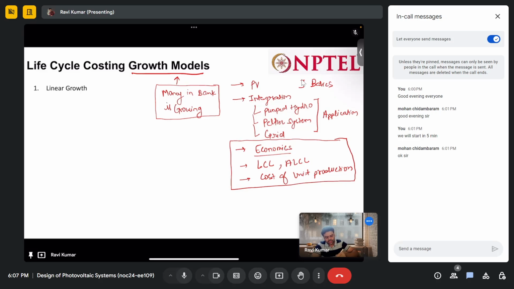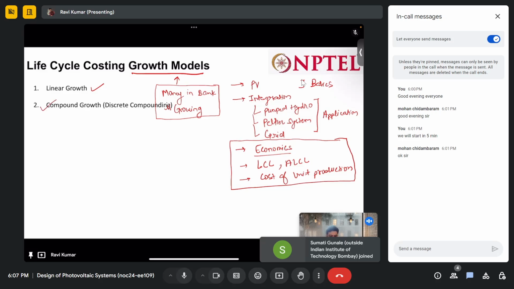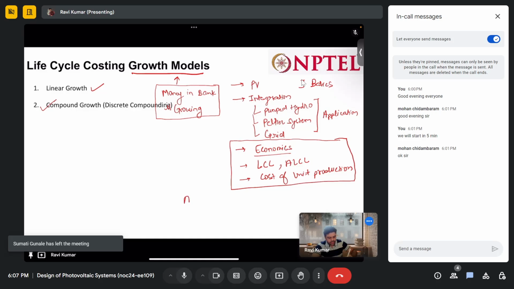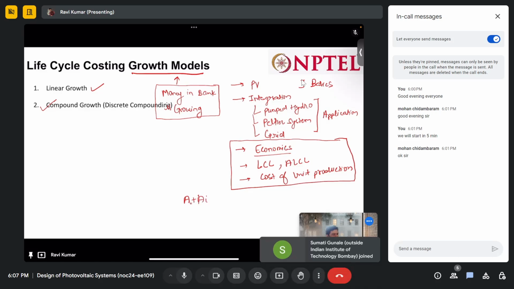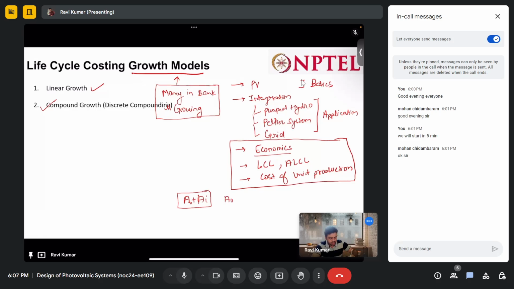First we have the linear growth model, that is simple interest. Then we have the compound growth model. Compound growth means, let's say we have some amount A naught, and in the first year we get some interest AI. At the end of the first year, it is the amount A naught plus AI. At the end of the second year, A naught plus 2 AI is the amount.